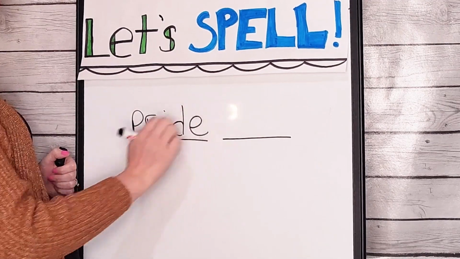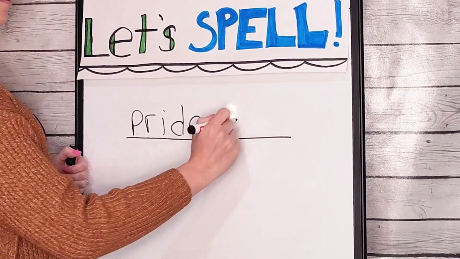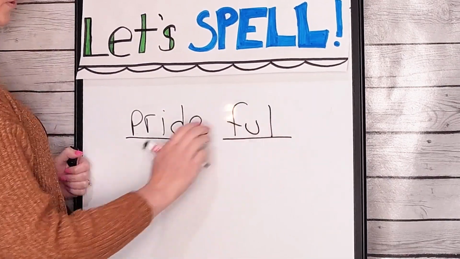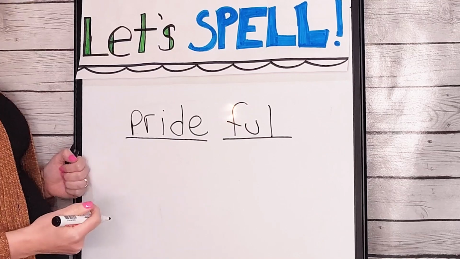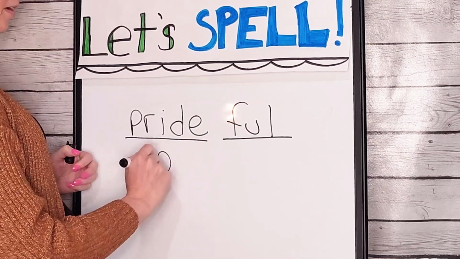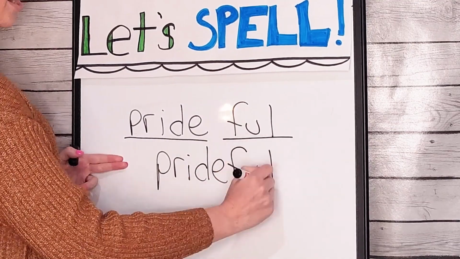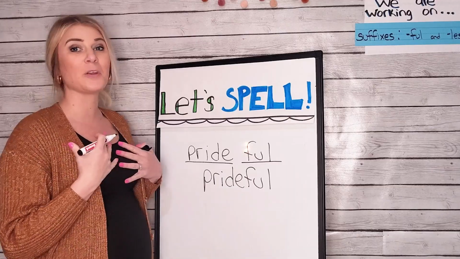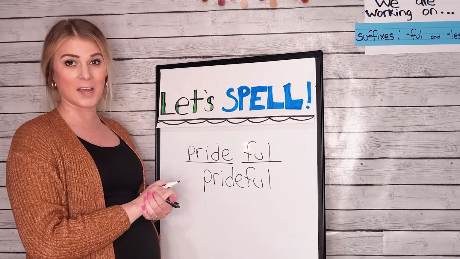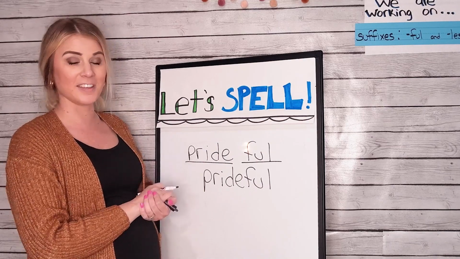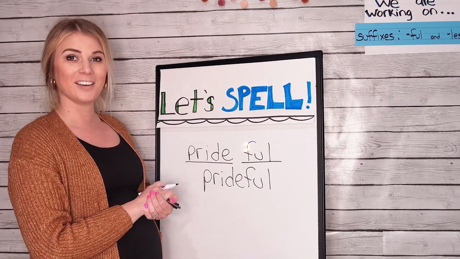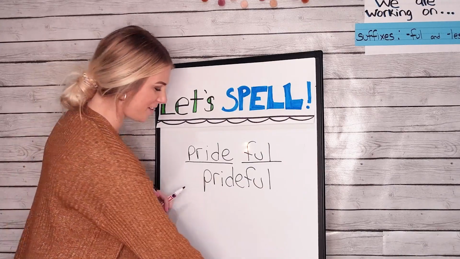Pride, and then my suffix, full. Prideful. Let's put them together and build our word. Prideful. I am very prideful about my state of Michigan that I live in. I think it's an amazing place to live. Here's our last word, readers. Are you ready?